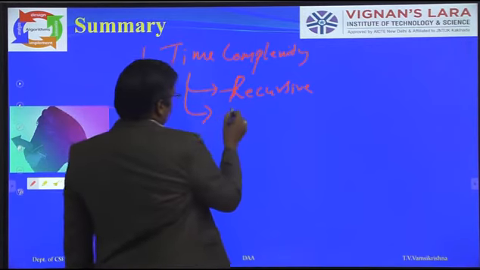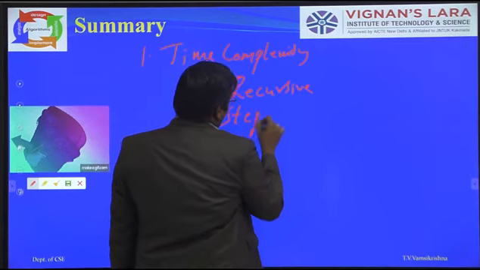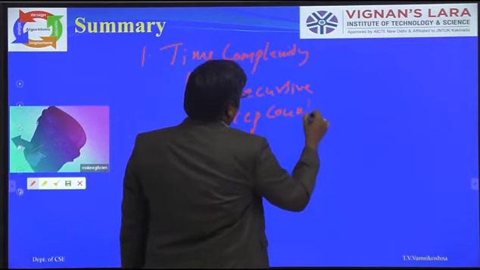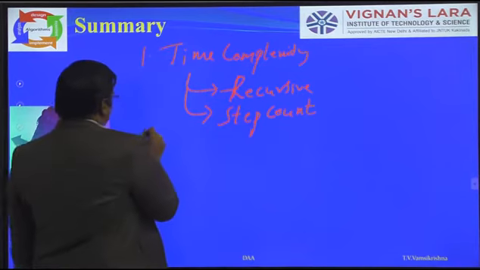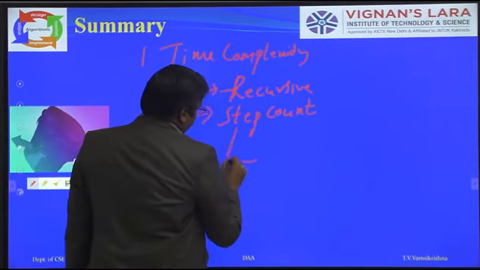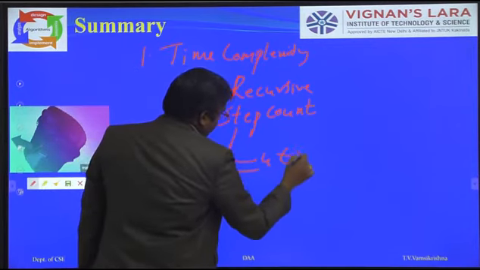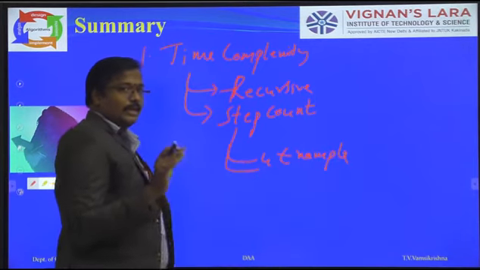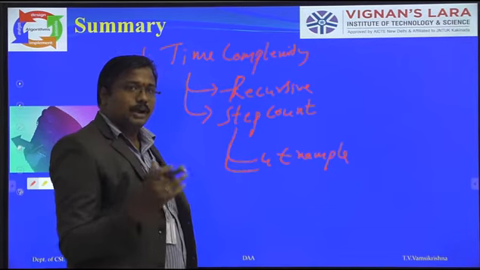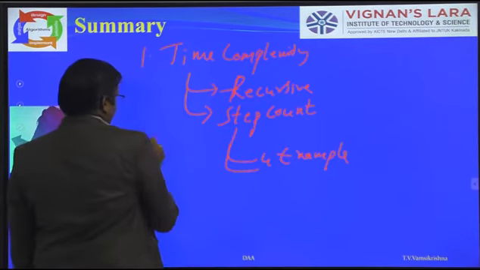That is one method. Another one is called the step count method. Those two methods were discussed for four examples: one very simple example, another one addition of an array, another one addition of two matrices, and the next one Fibonacci.